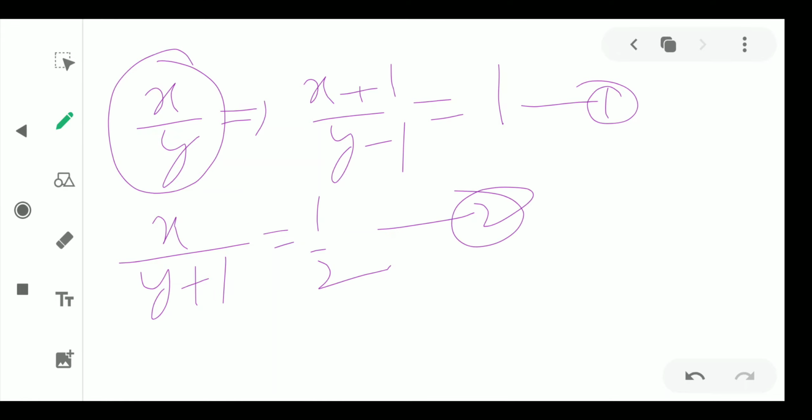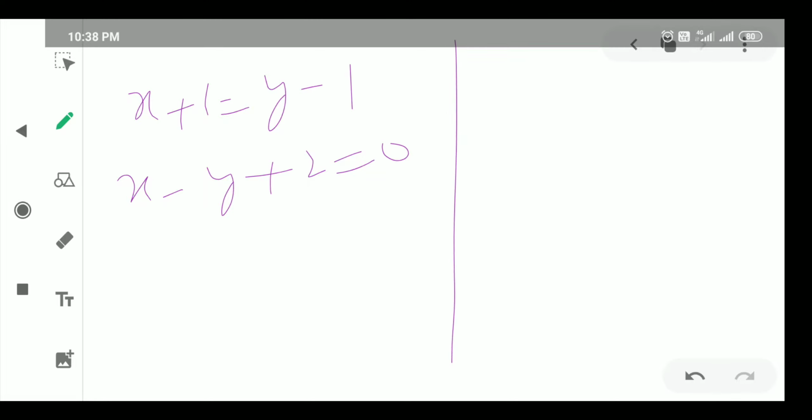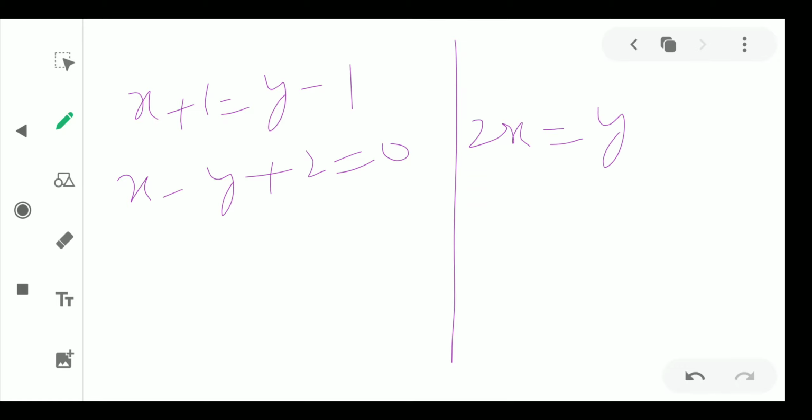So what will these equations become? We'll see. When (x plus 1) by (y minus 1) is equal to 1, if I cross multiply, this will become x plus 1 is equal to y minus 1. Bring all to one side: x minus y plus 2 is equal to 0. From the second equation, x by (y plus 1) is equal to 1 by 2. If I cross multiply, this will become 2x is equal to y plus 1.